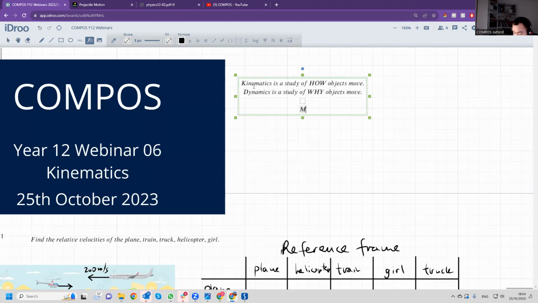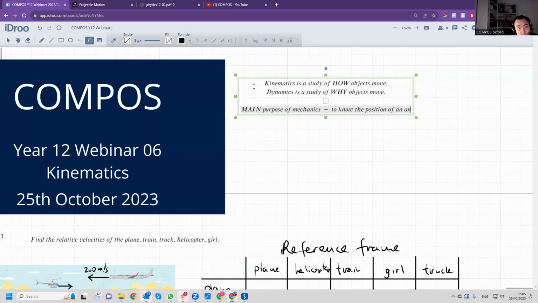Okay, the main purpose of mechanics is to know the position of an object at any given time t.